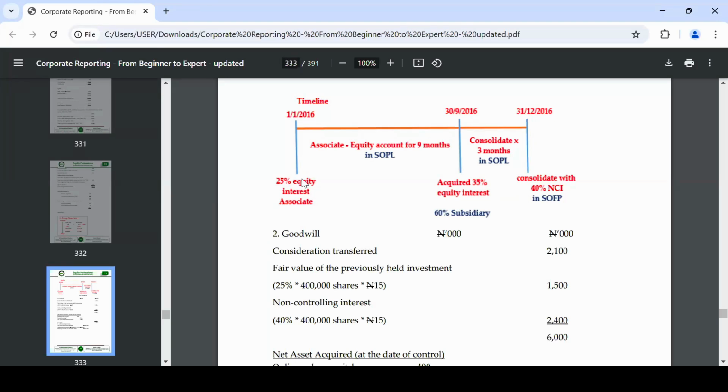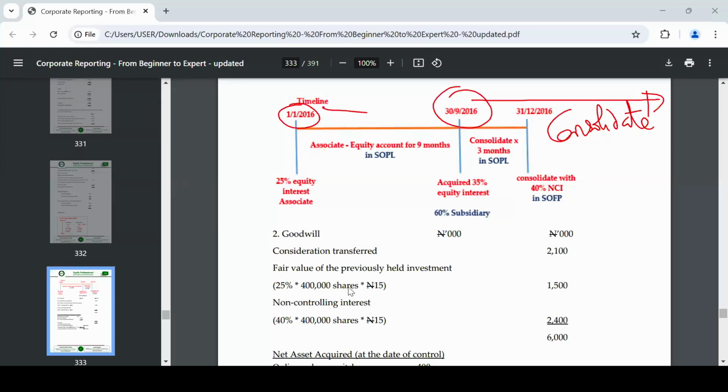Let us quickly look at this analysis, very important to us. This is the day they had control. From this day going forward, consolidate. But from this date, when we began the year, up until this date, in fact, from 2014, up until this date, we would have been doing equity accounting.